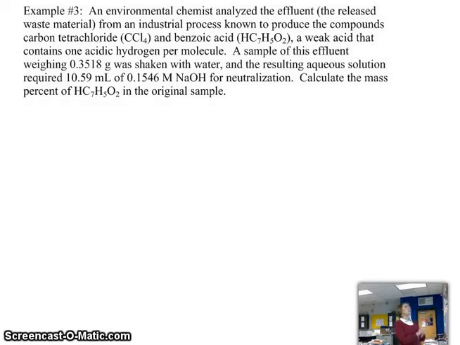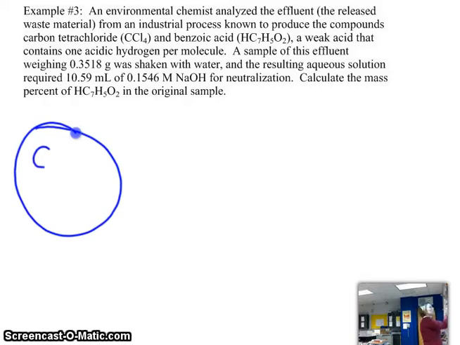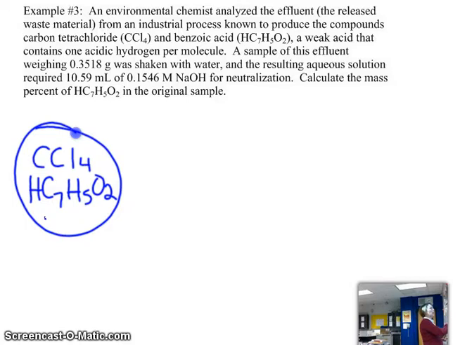A sample of this effluent, so we've got something that comes out of an industrial process, it really contains two things. It contains carbon tetrachloride and it contains this benzoic acid. And we have a sample of this effluent and it weighed 0.3518 grams.